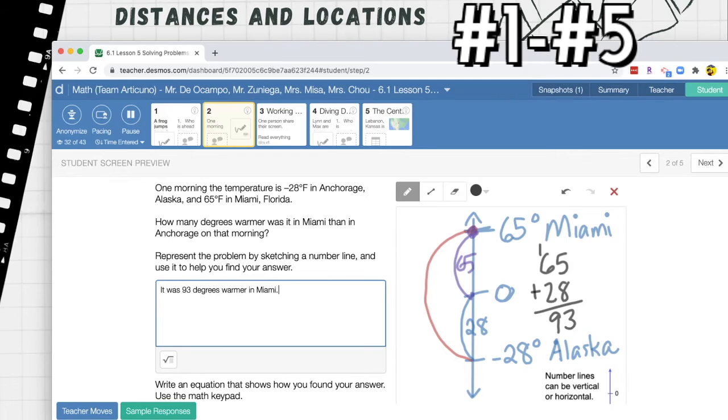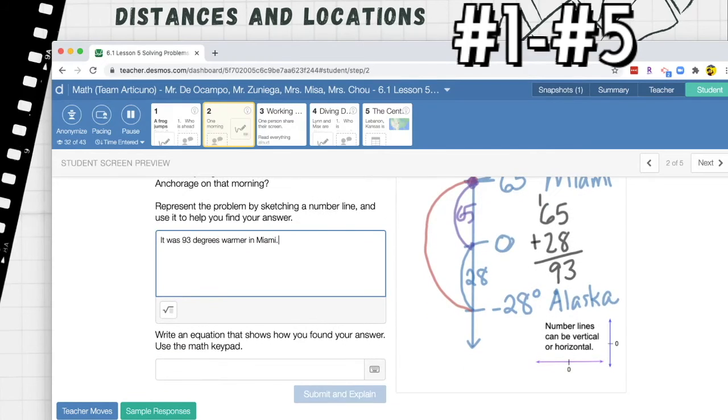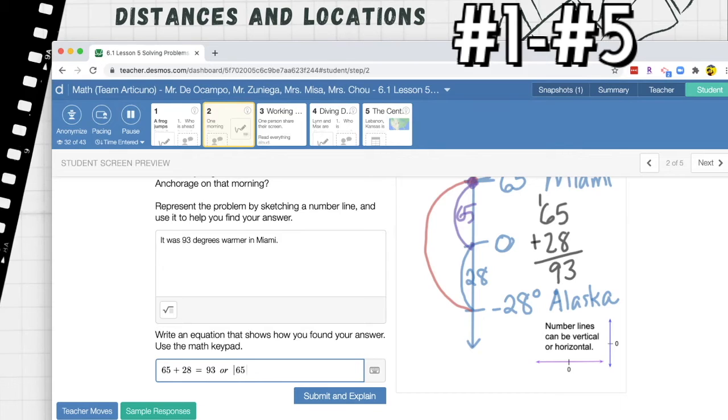Okay, so that's one way to do that. How do I write an equation? So equation means you need an equal sign. So I can write 65 plus 28 equals 93. Or I could have said the absolute value of 65 plus the absolute value of negative 28 equals 93. Okay?